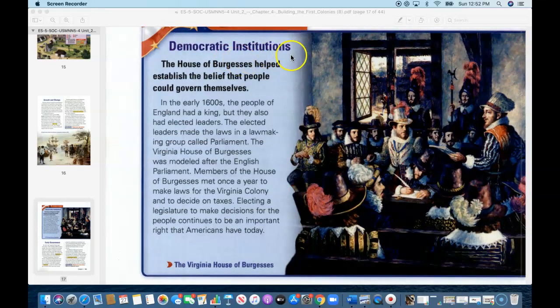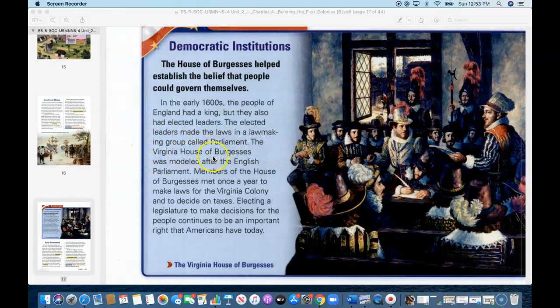Democratic institutions. The House of Burgesses helped establish the belief that people could govern themselves. In the early 1600s, the people of England had a king, but they also had some elected leaders. The elected leaders made the laws in a lawmaking group called Parliament.